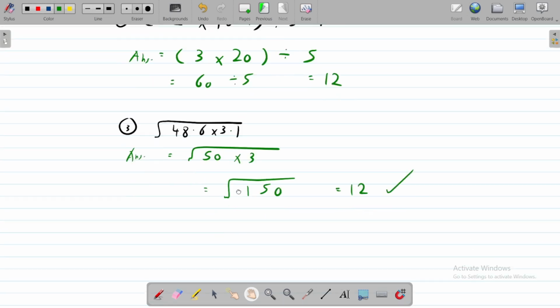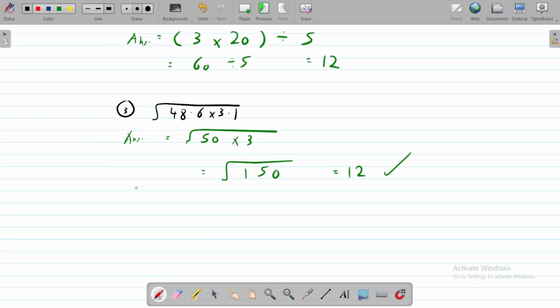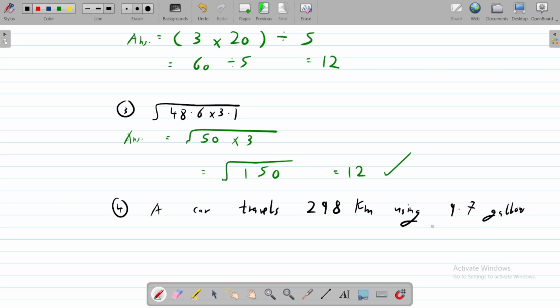Okay, let me give you another one here. It's the word problem, question number 4. A car travels 298 kilometers using 9.7 gallons of fuel.